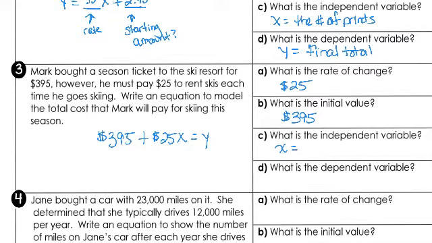Well, it's always X. And what does it represent? Well, it represents the number of times, number of ski rentals, right? The number of times he has to rent skis. And then what is the dependent variable? It's not just the total cost, but it's the total cost for the season.